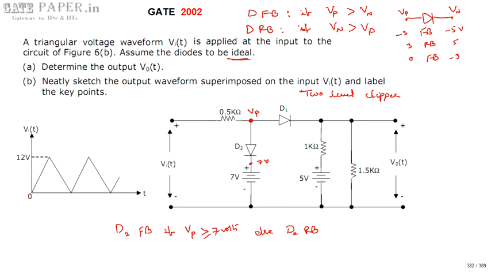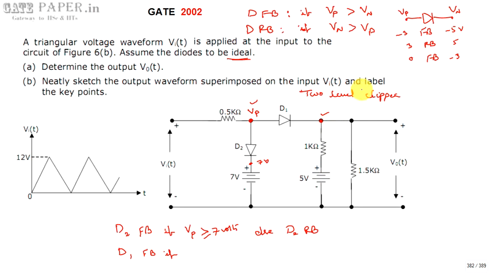Next, what about the D1 condition? D1 will be forward biased if the voltage on the P side of D1, which is this point, is greater than the N side voltage. The N side is connected through a resistor to a 5 volt battery, so we must know the exact value at this point.